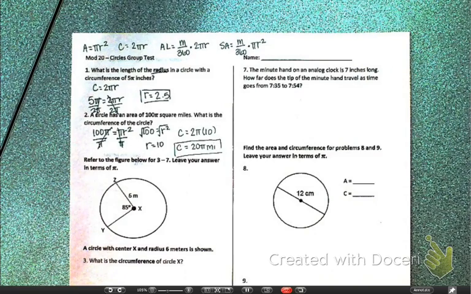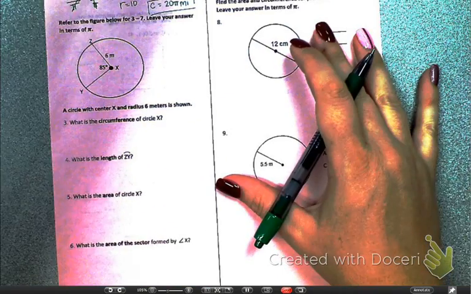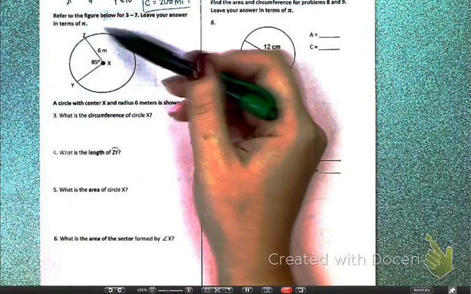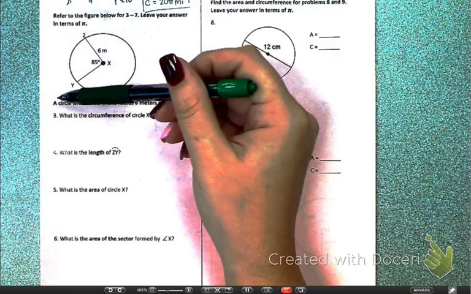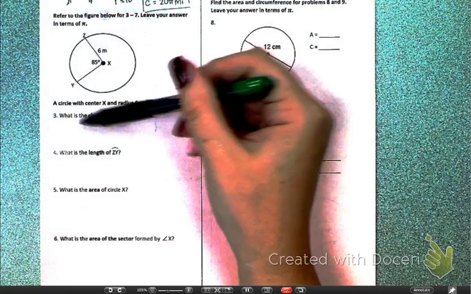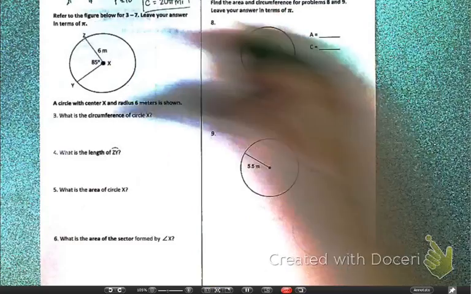Number 3, I got a lot of questions about number 3, and I'm not sure why. I don't know if it was because of the way it was worded. So a circle with center X has a radius of 6 meters. What is the circumference of circle X? So when it talks about circle X, it's just talking about that circle.